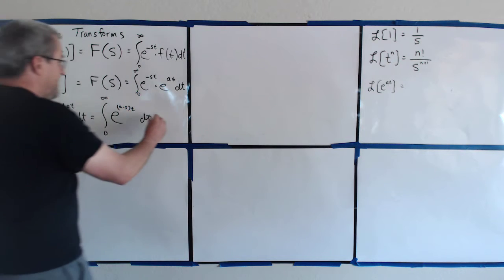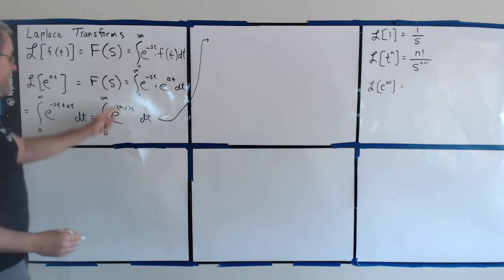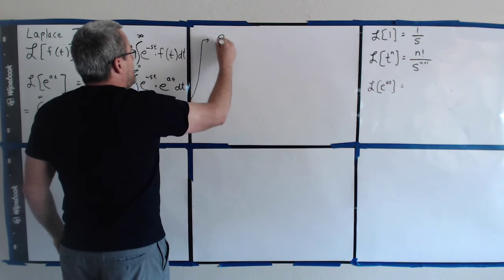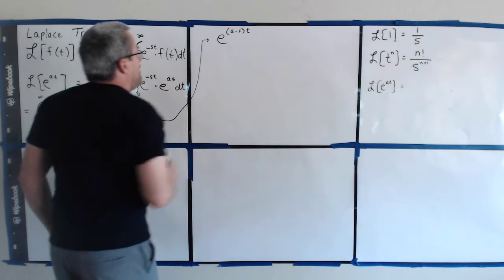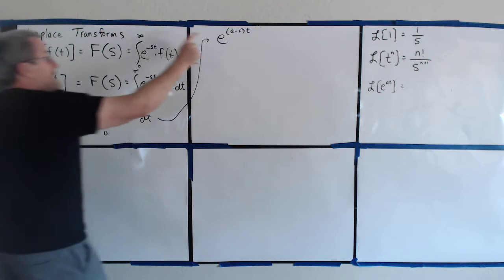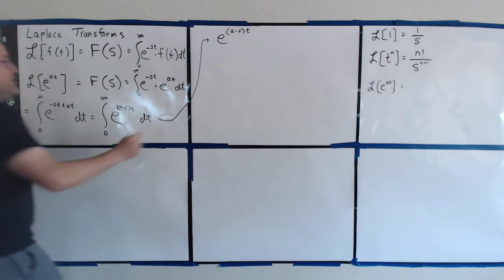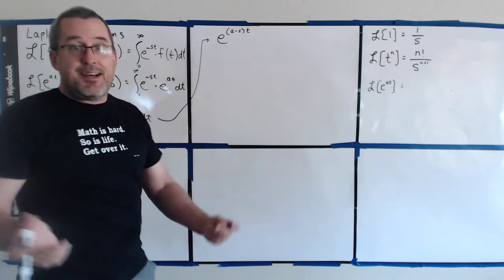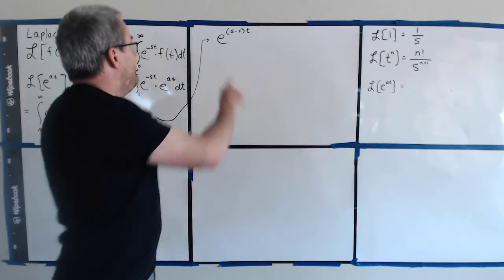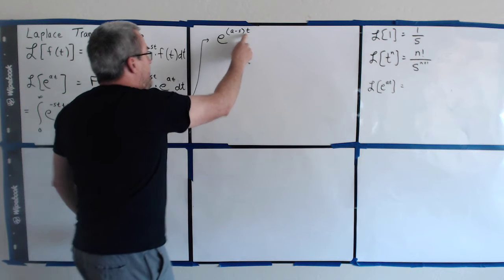So what is the integral of e to the stuff? The integral of e to the stuff is e to that stuff. But the chain rule would make me take the derivative of the stuff. Remember, a minus s is just a constant. So the derivative of a minus s times t would be a minus s.